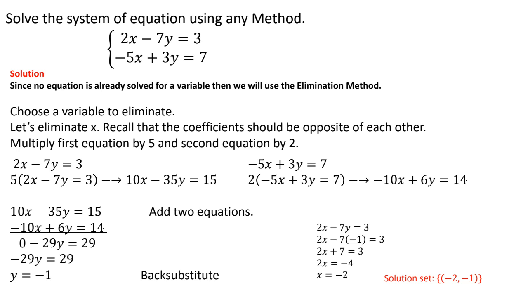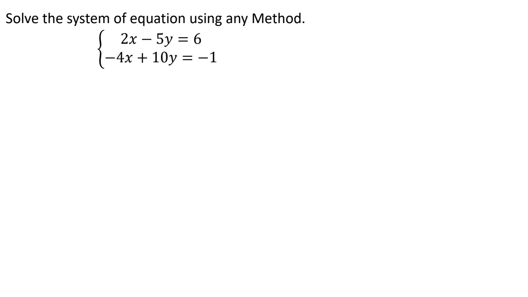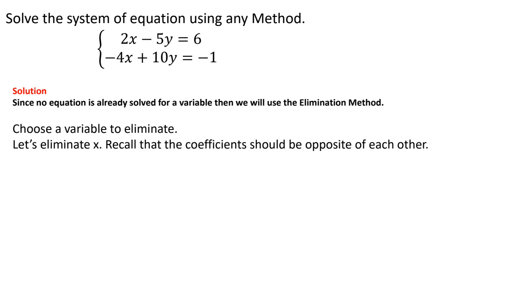Okay. All right, let's look at this next example. And again, I think what we need to do is go ahead and use the elimination method again, and eliminate the x value. But on this one, do you see here that I can make the 2 into a 4? The 4 is a multiple of 2. So on this particular example, I'm only going to have to multiply one of the equations by a number.